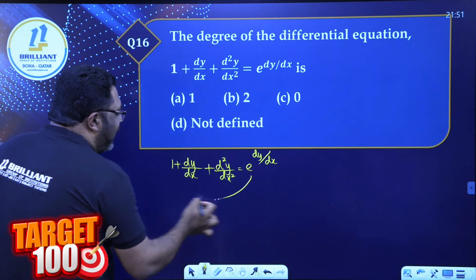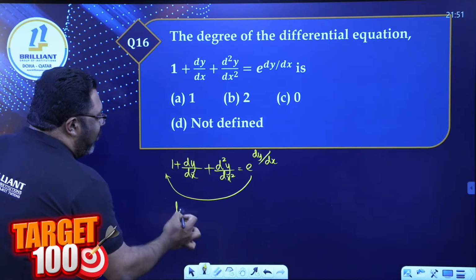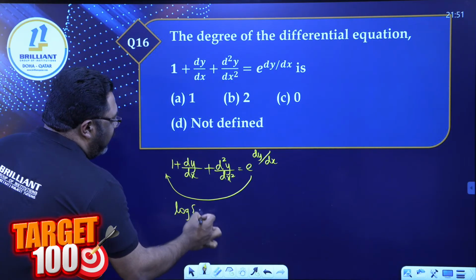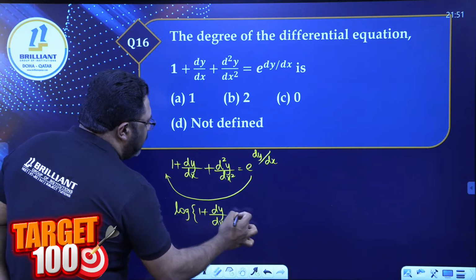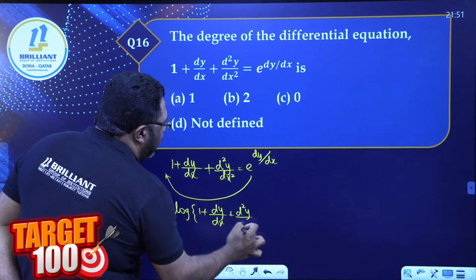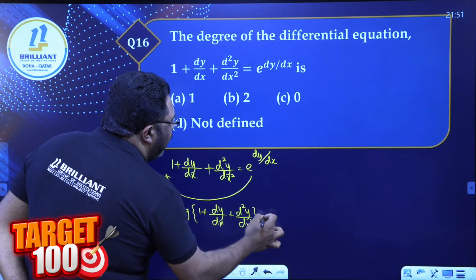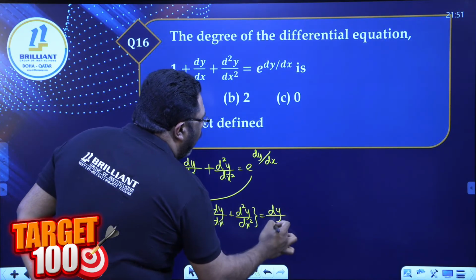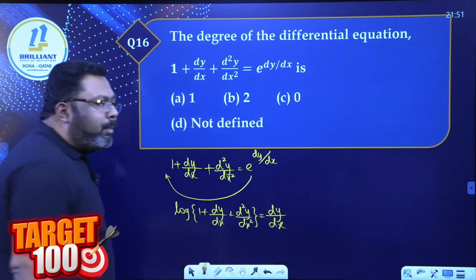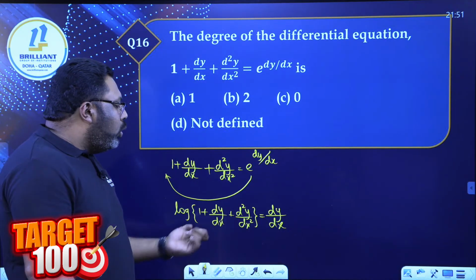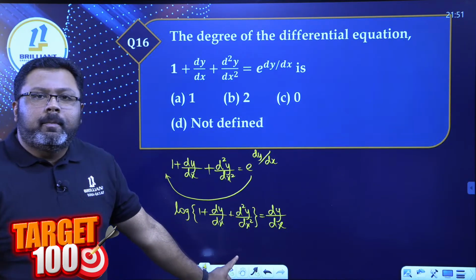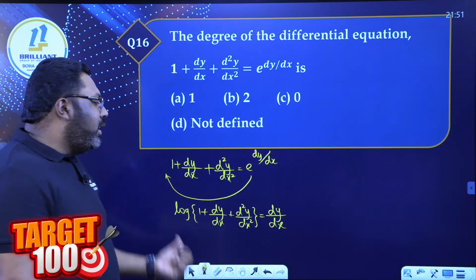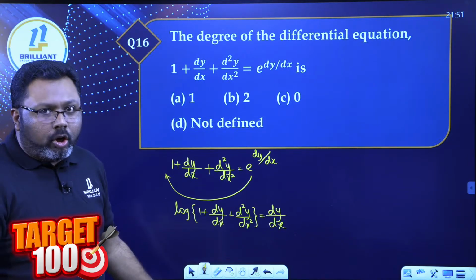Some of them started saying degree is 1 because they think I will, again the same way, invert it this side. Log of 1 plus dy by dx plus d squared y by dx squared equal to dy by dx. I freed my dy by dx of the non-polynomial form e, but on the left side, two other differential coefficients, dy by dx and d squared y by dx squared, are trapped inside the non-polynomial function log.